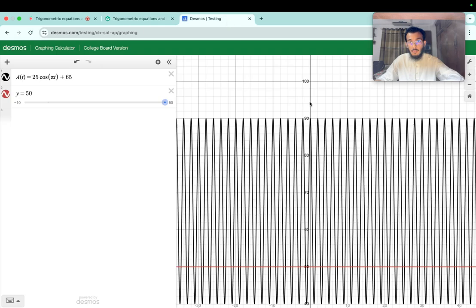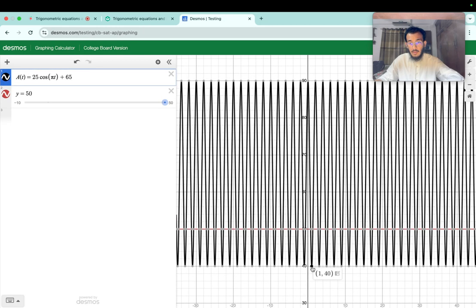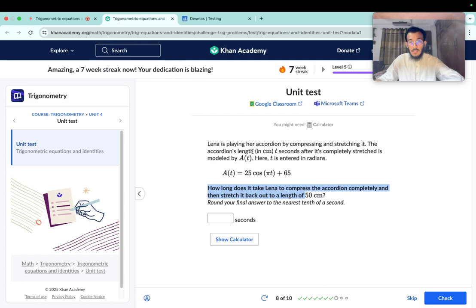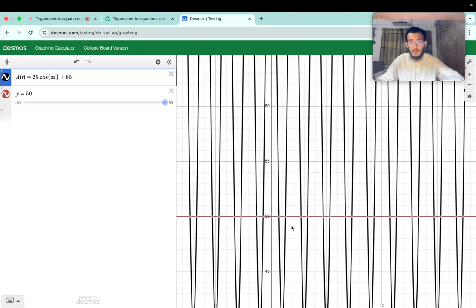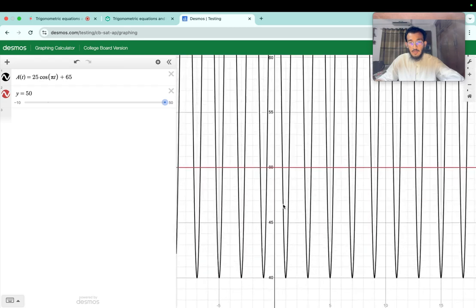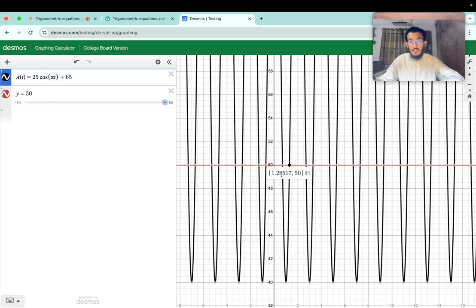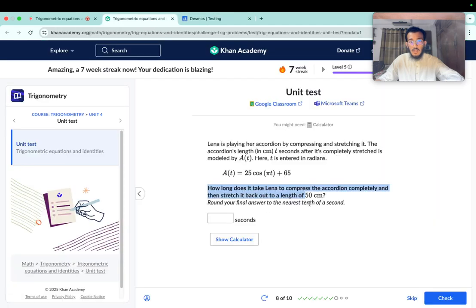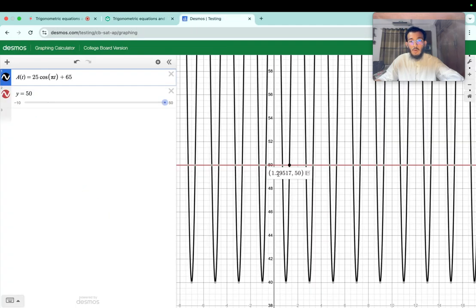So from the bottom up until this point, you must go. So completely compressed and then back out to a length of 50. Starting from here, this is the time that I want, and they have asked us for the tenth of a second, which means 1.3.